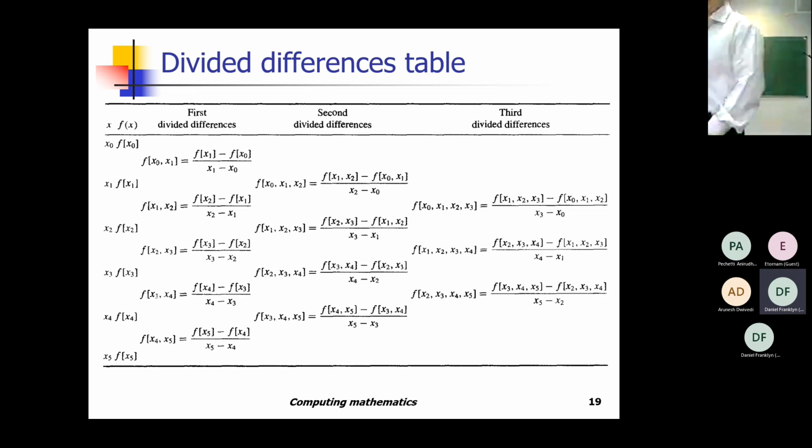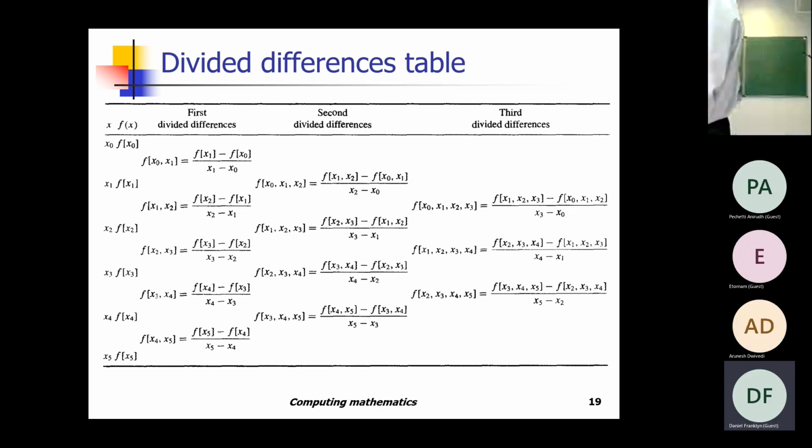So these divided differences will form a table like a triangle. Here we have n plus 1 values on the lower part of the triangle, and on the upper corner we have only one divided difference.